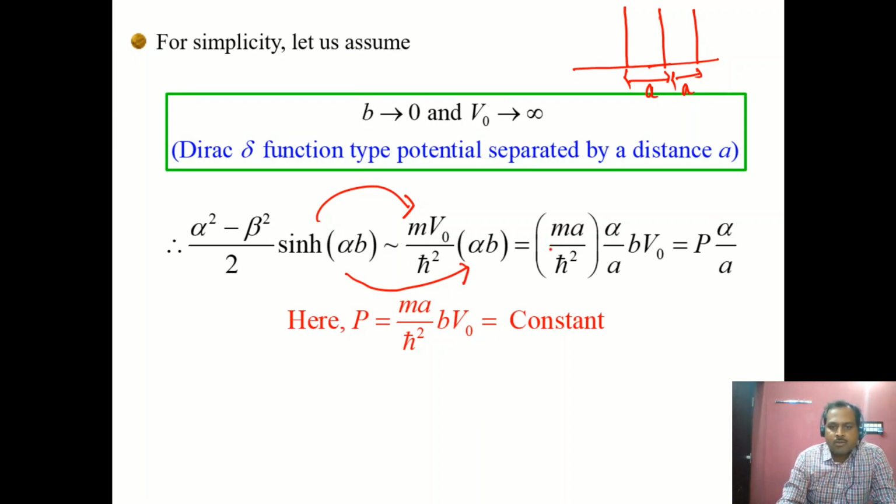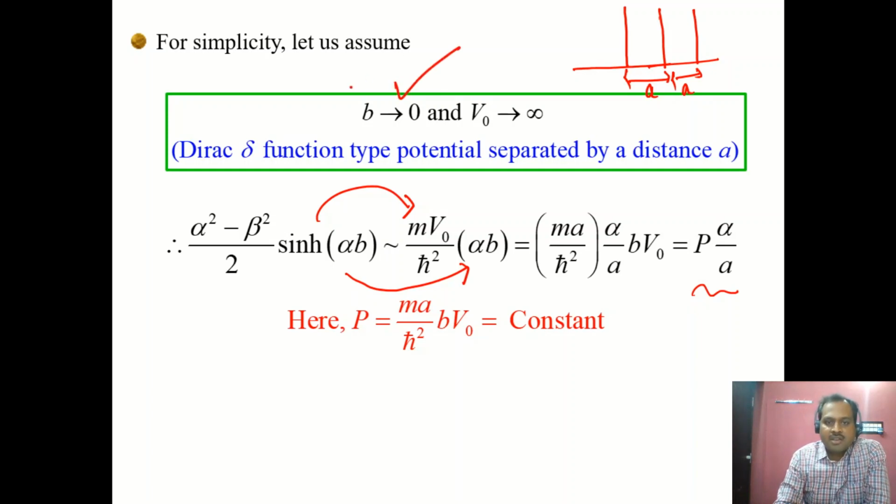If we rearrange the terms, we can write it as m a by h cross square times alpha by a times b V naught, and we can replace m a b V naught by h cross square with another constant P, so that the first term on the left hand side can be written as P into alpha by a under this extreme approximation.